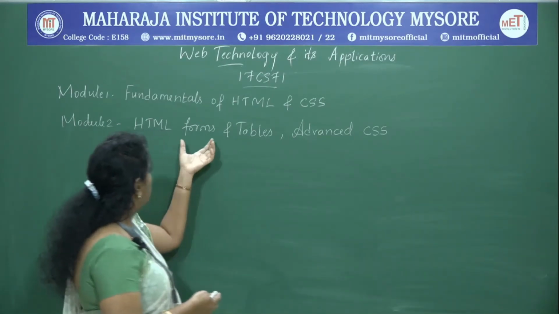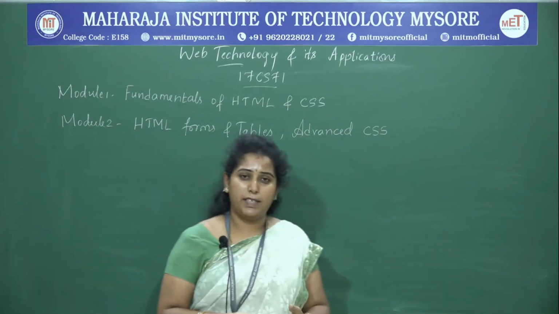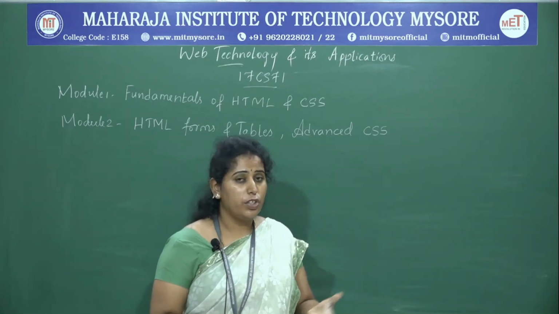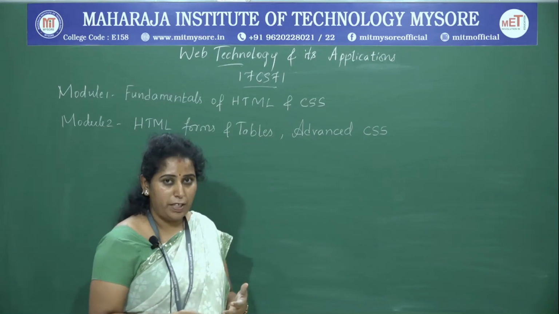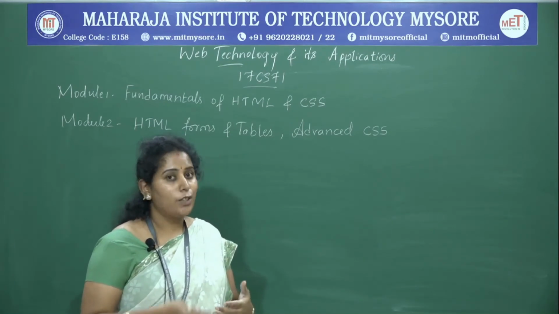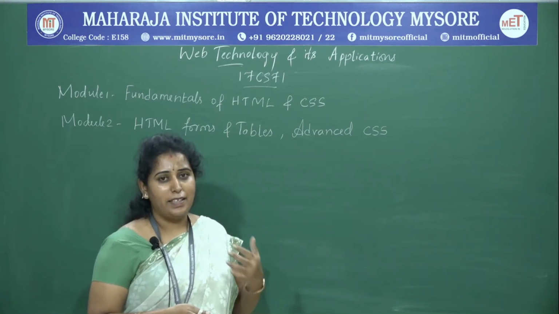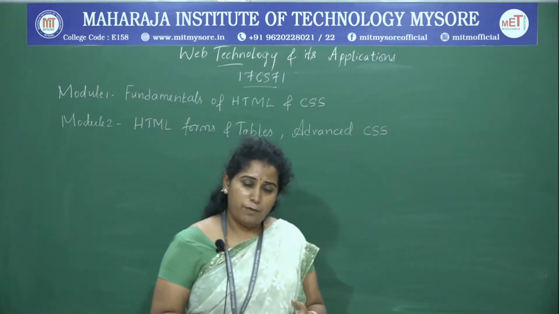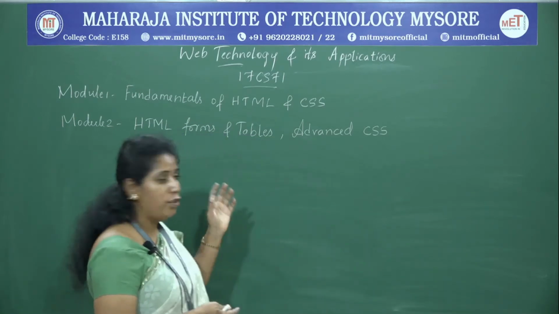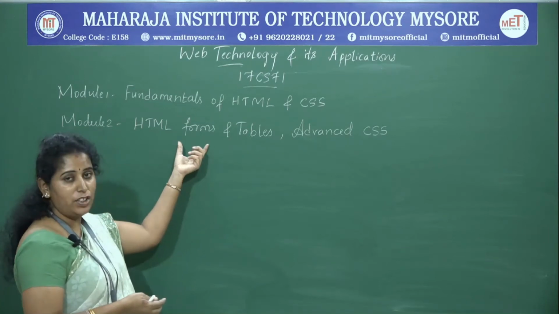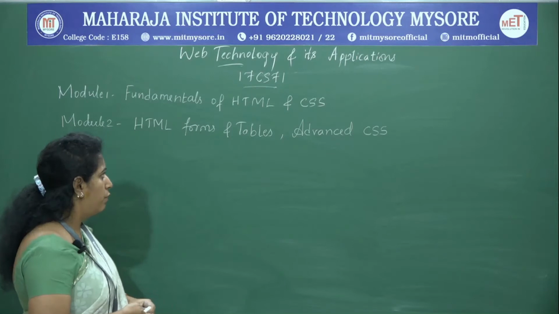Let me take a real-time example where forms are used in web pages. Recently you applied for your VTU exam application online. That is a web page where you filled in your data like name, USN, and the subjects you are applying for in the examination. That form is where you used an HTML form. This is one example of an HTML form.